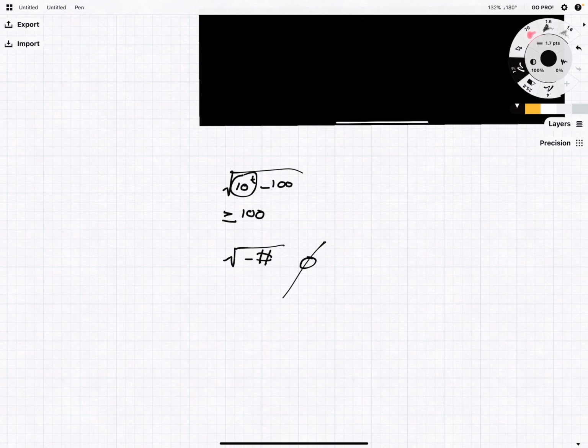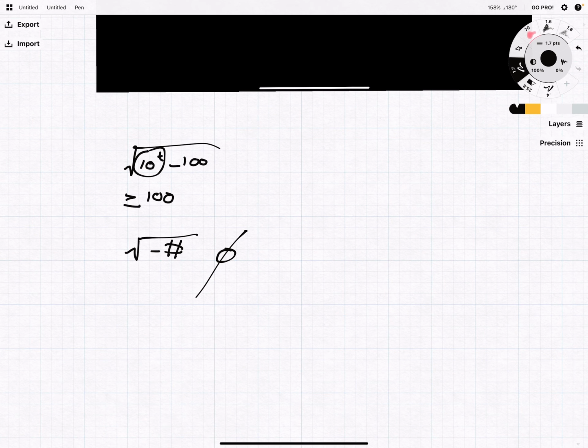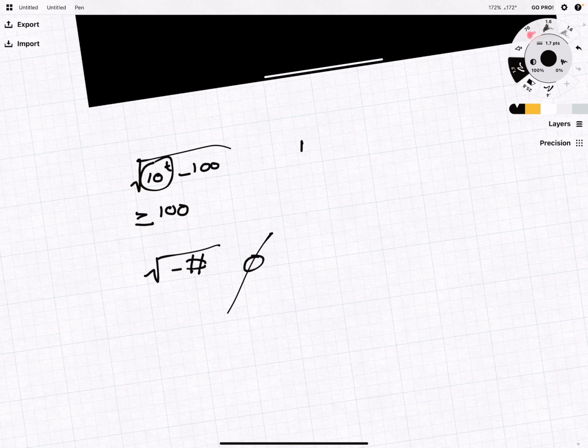That's not good. So 10 to what power is going to be greater than or equal to 100? Well, we know that 10 squared is greater than or equal to 100 because it is 100. So we know that t must be greater than or equal to 2.